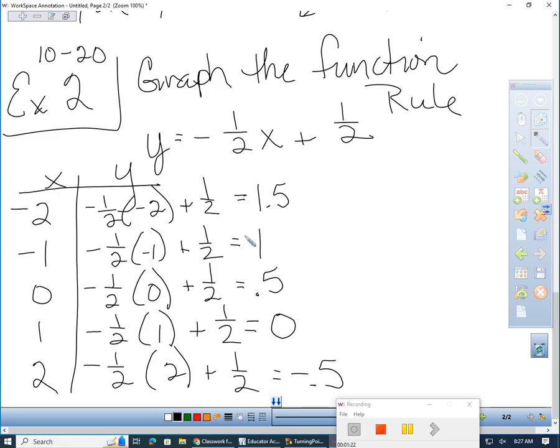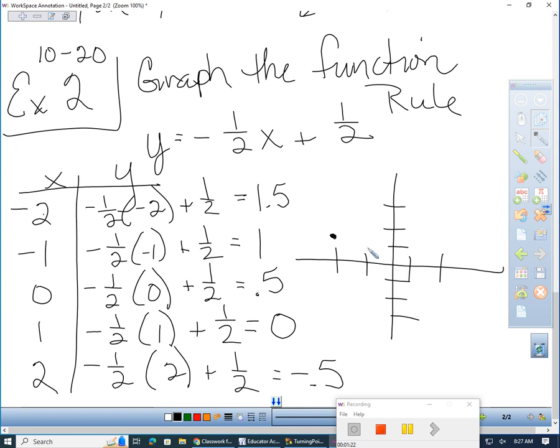All right, now that I have all my values in my table, we are going to plot these. So the first one is negative 2 and up 1.5. So I go left 2 and up 1.5. I have negative 1, 1.